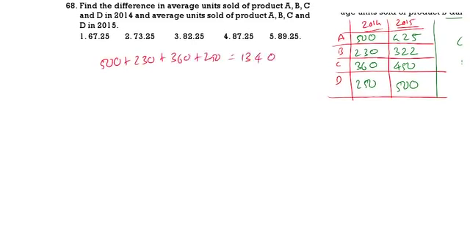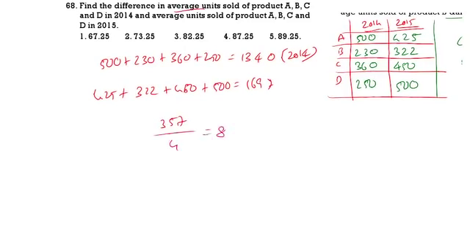Now 2015: 425 plus 322 plus 450 plus 500, which is equal to 1697. What is the difference? 357. We need to find the average, so divided by 4: 89.25. 89.25 is the correct answer.